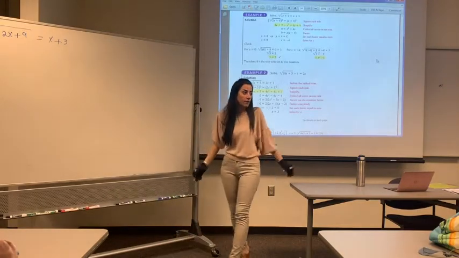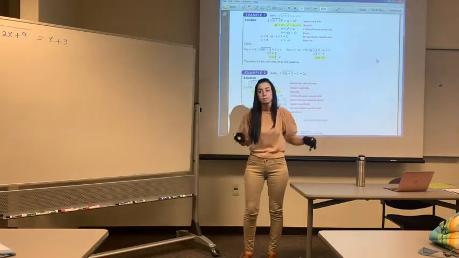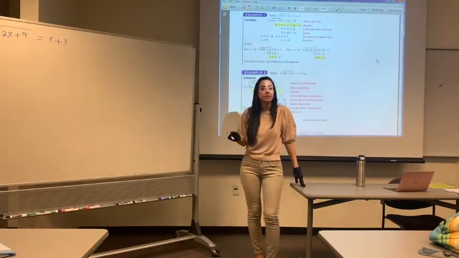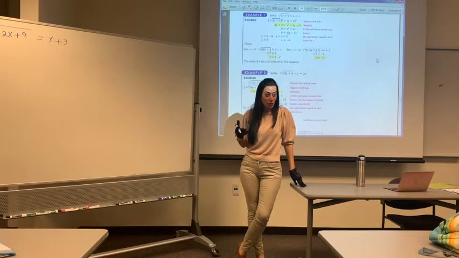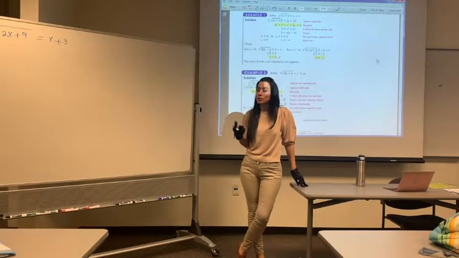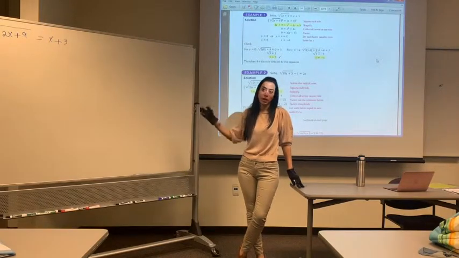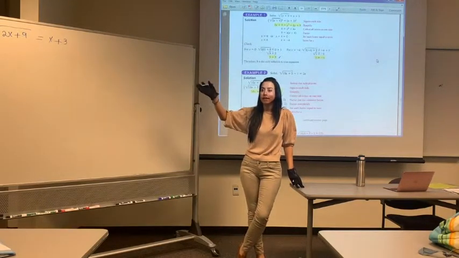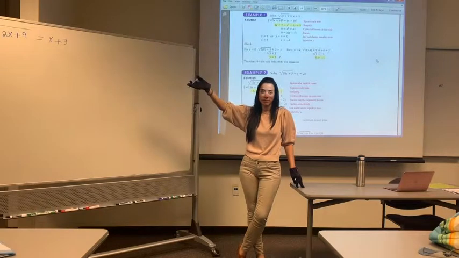Whenever you have a radical equality like that, you will keep the radical on one side and move everything else to the other side. So here in this case, the radical is on one side itself, right?